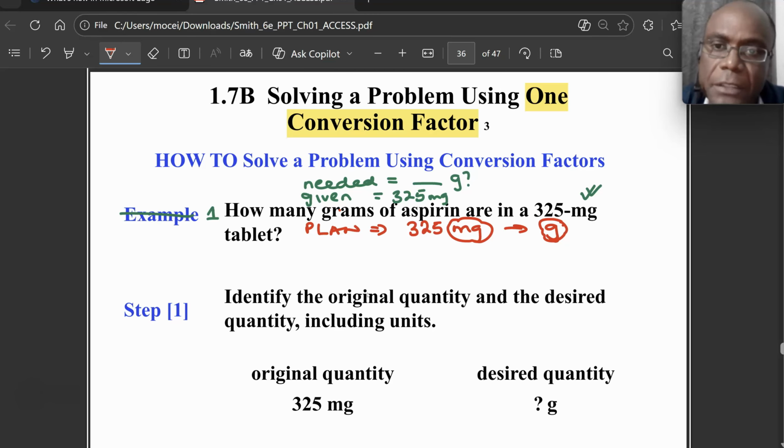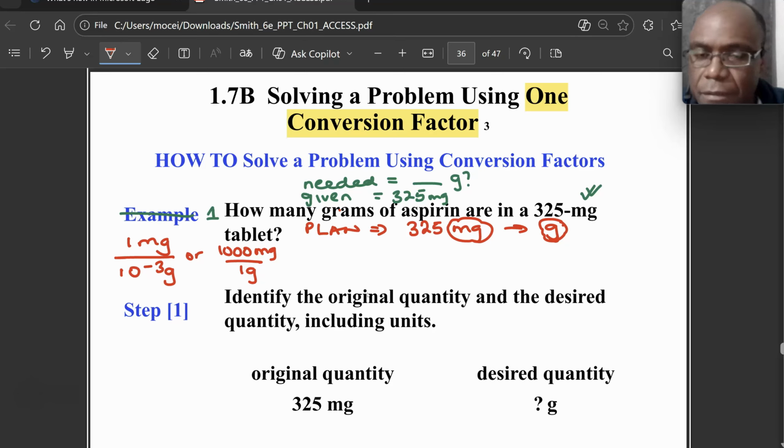What is the relationship between a milligram and a gram? We know from an earlier lecture that 1 milligram is 10 to the power minus 3 of a gram, because it's smaller. Someone else will say 1,000 milligrams is 1 gram. Whichever of these you can relate is fine.